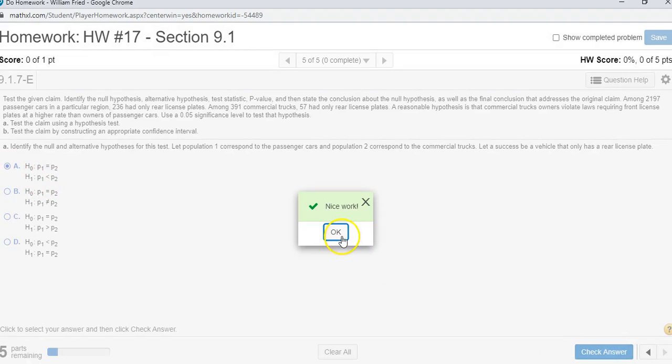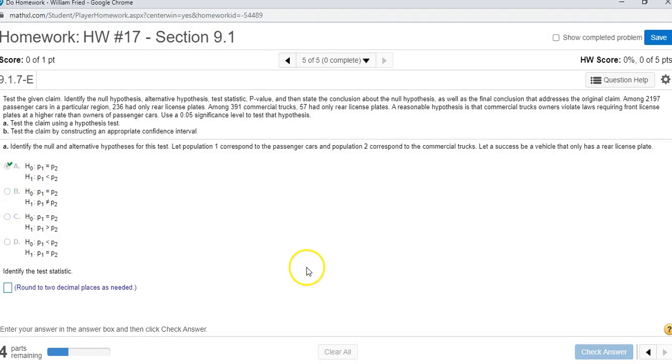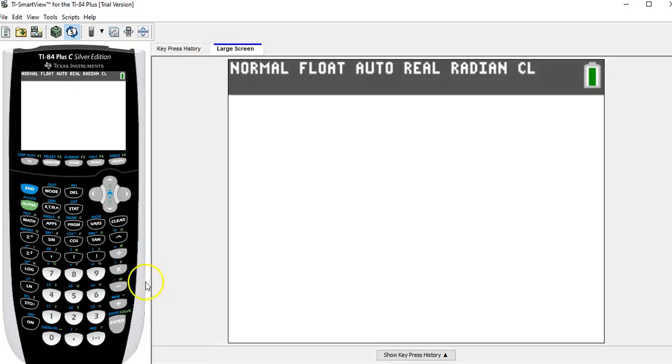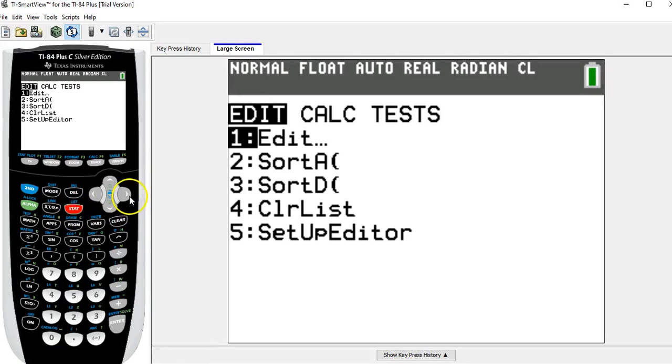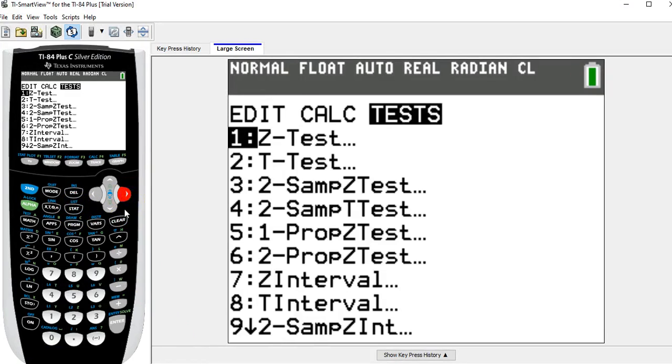Next question, the test statistic. Here's where we're going to have to go to the calculator and do a hypothesis test. On the calculator, I'm going to stat, tests. This is a 2-prop Z test.